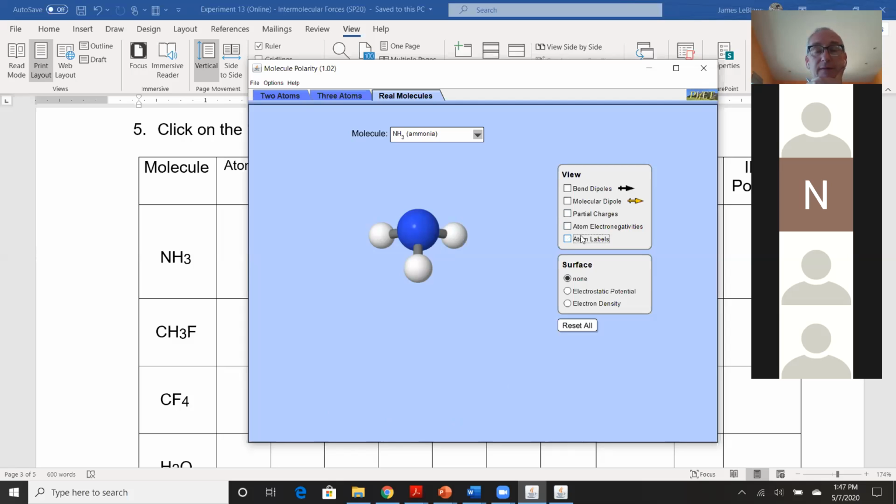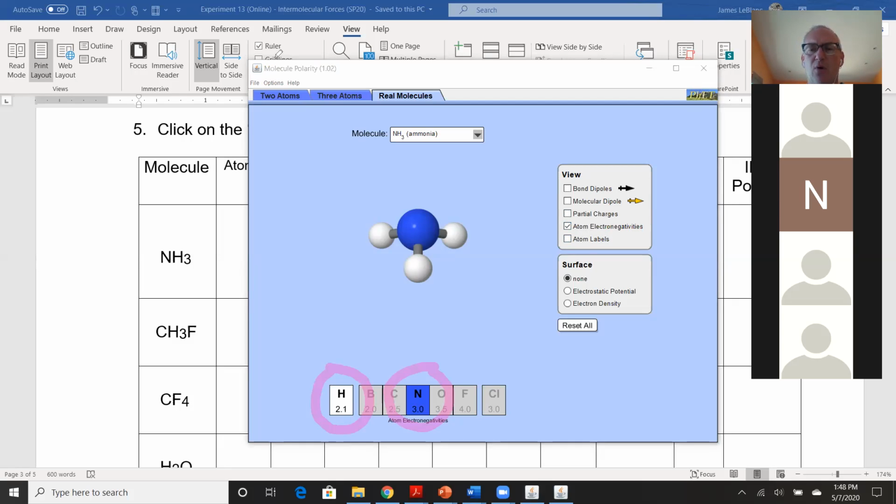The electronegativities will tell us whether or not the bonds themselves are polar, right? So the nitrogen has an electronegativity of 3, and hydrogen has an electronegativity of 2.1.